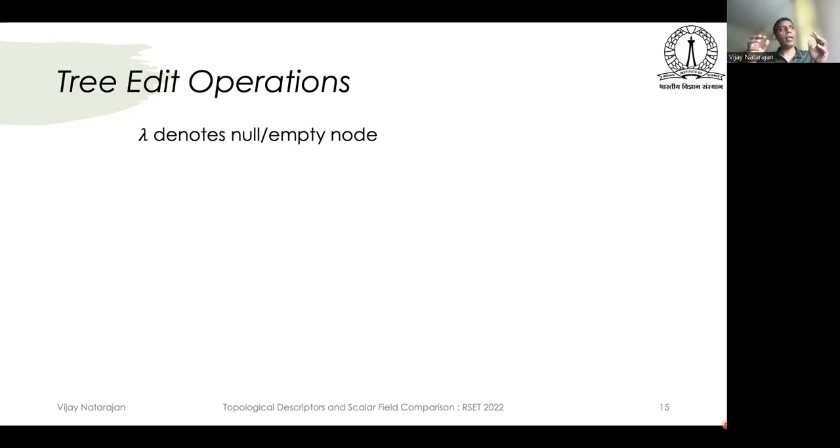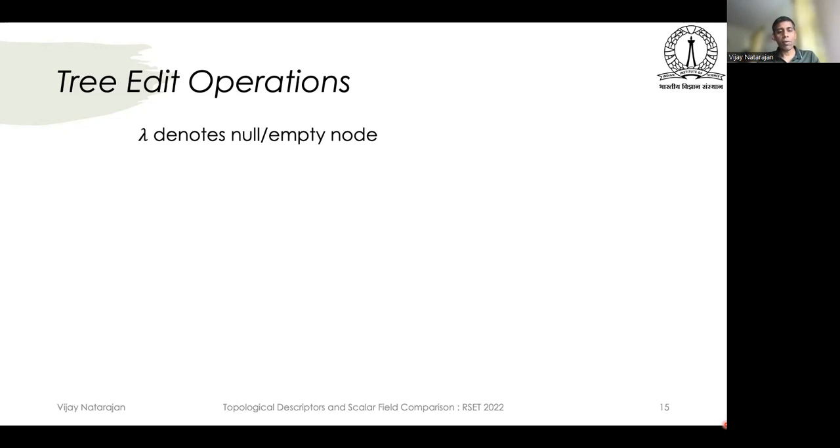And the atomic operation that we want to employ to transform one tree into another is an edit operation. Let me introduce these edit operations first and then talk about the distance measure. So what is a tree edit operation? We talk about three different operations.